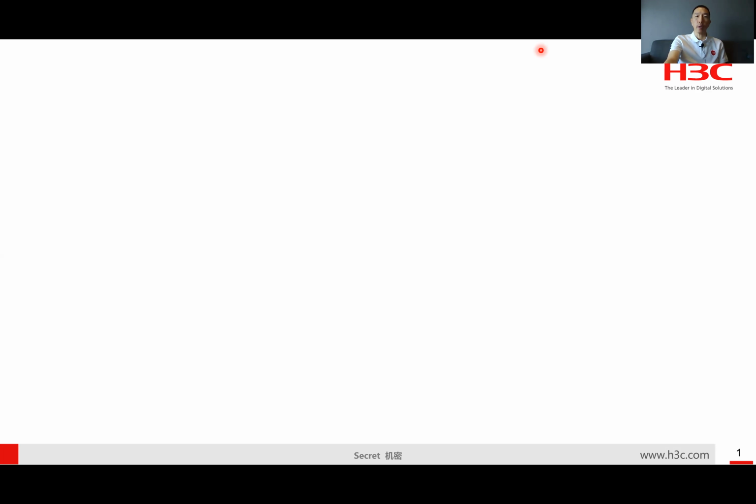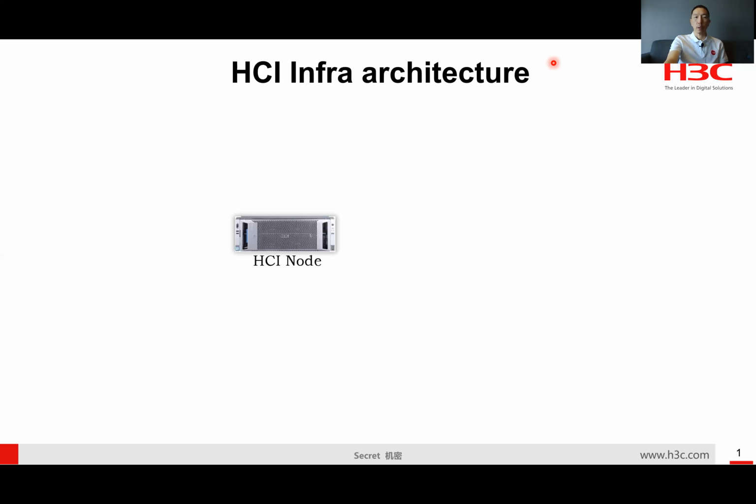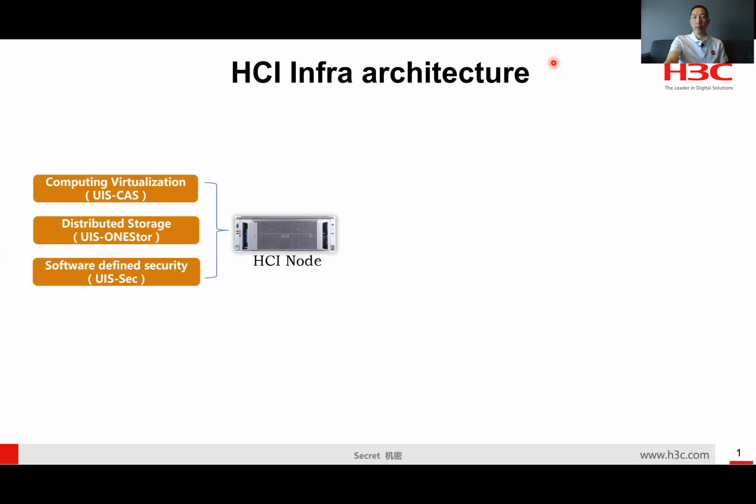So to start with, here I'm talking about the HCI infra architecture first. When you build your hyperconverged infrastructure architecture, first of all, you need to buy one HCI node. The HCI node normally consists of three components: computing, storage, and also maybe some security features inside the same box.